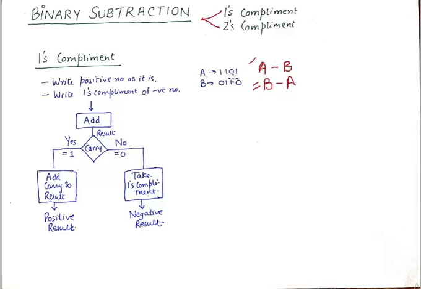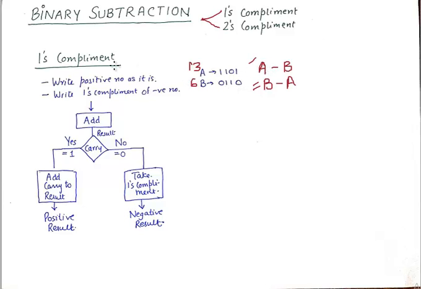Just by looking at these two numbers, you know that A is a decimal 13, and B is a decimal 6. So A minus B should give us a result of plus 7, and B minus A on the other hand should give us a result of minus 7.